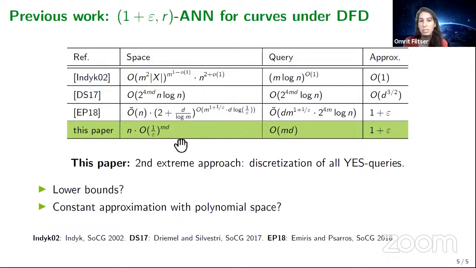I'm maybe not stating this exactly, but basically they show that for a distance oracle for one curve, you have to have a space bound of something like order of 1/epsilon to the md if you want the query time to be linear. So here, because it's the nearest curve problem, we have this additional n.